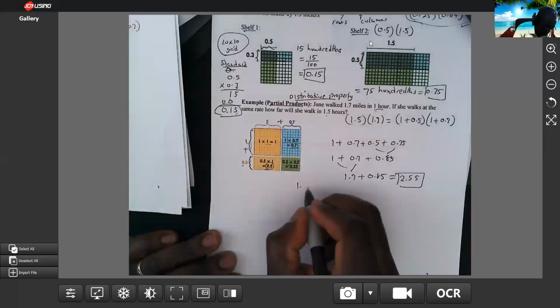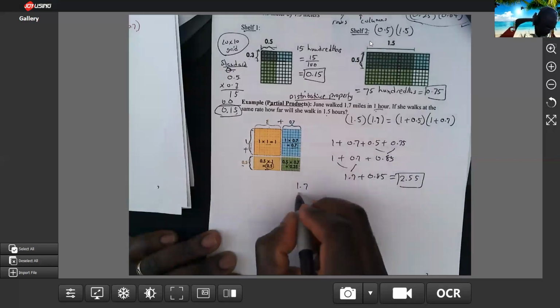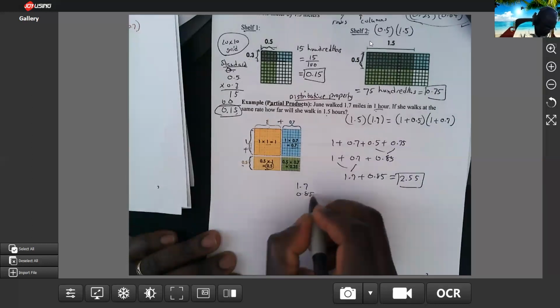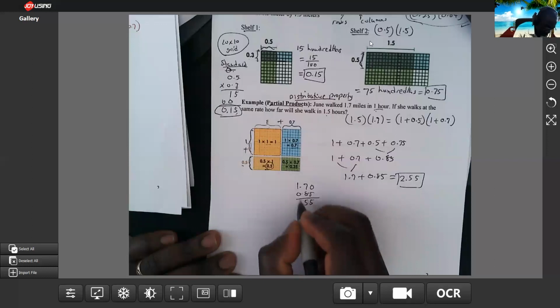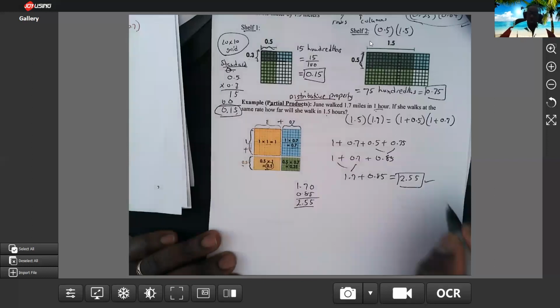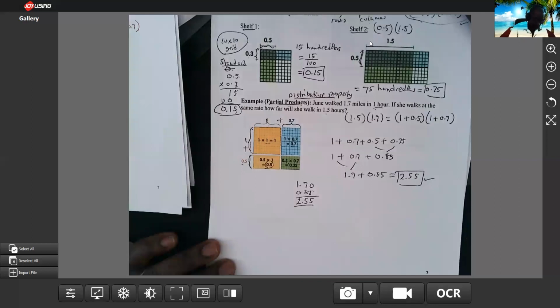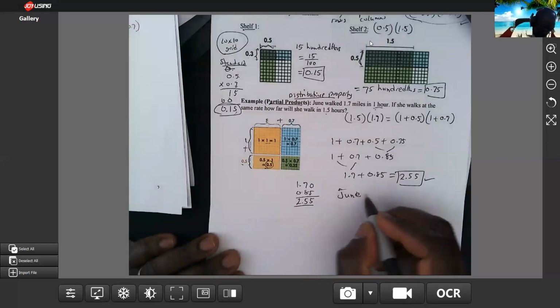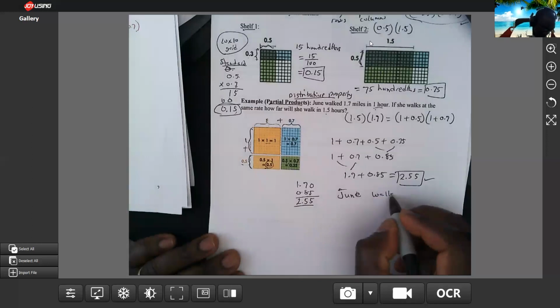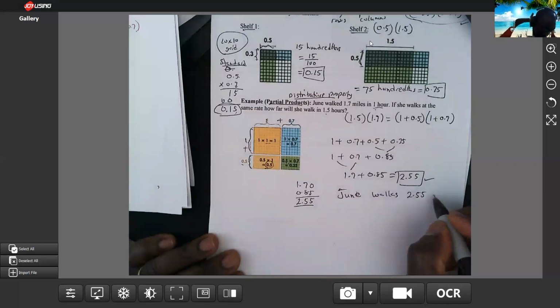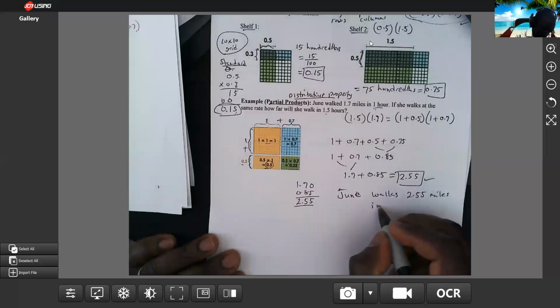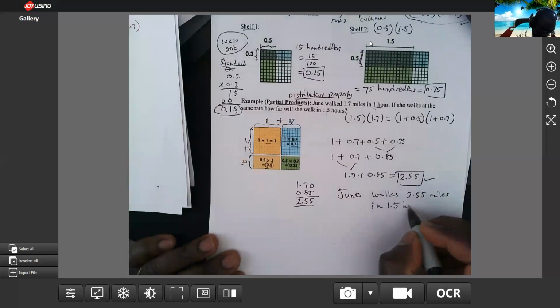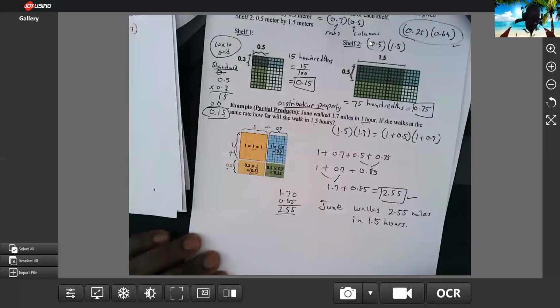Let's see how we get 0.85: 0 plus 5 is 5, 3 plus 5 is 8. So that's why I got 2.55. So it means that June walks 2.55 miles in 1.5 hours. Okay, 1.5 hours.